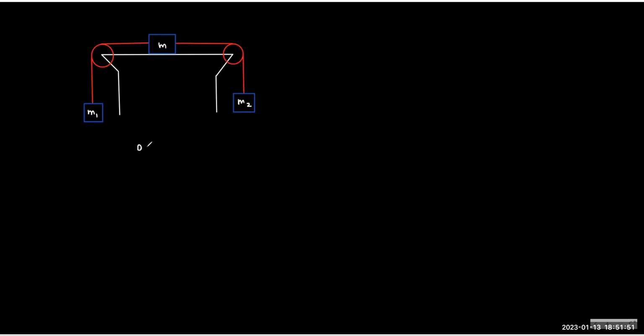So what is the acceleration in here? A is how much? You can choose any one bigger and any one smaller. Let's take it this way. So what is A? Tell me, Rugved, what is A here? M1g minus... First see the diagram, okay?